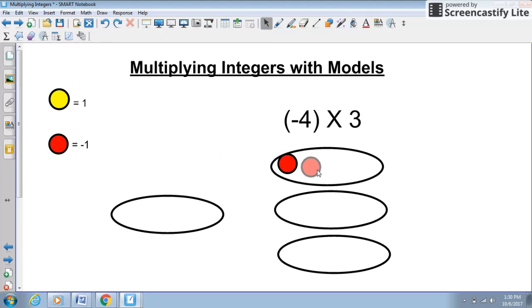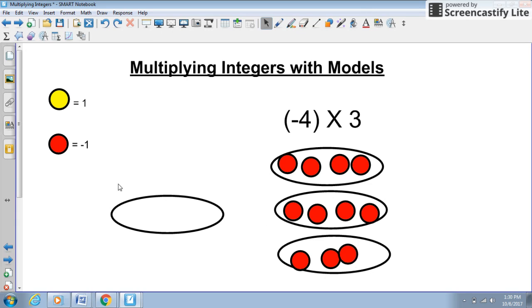So my answer to negative 4 times 3 is the total number of counters I have here.